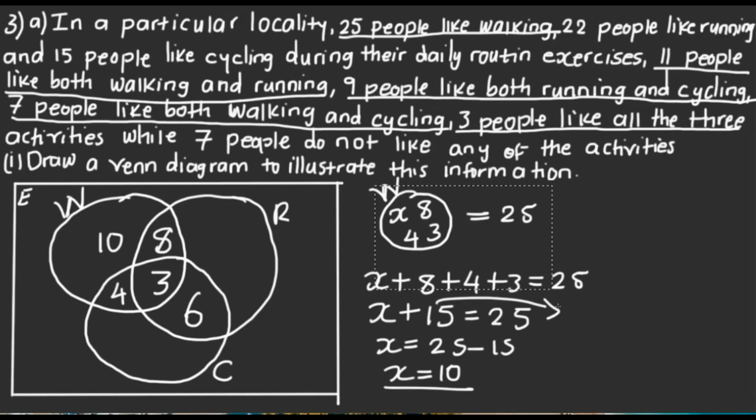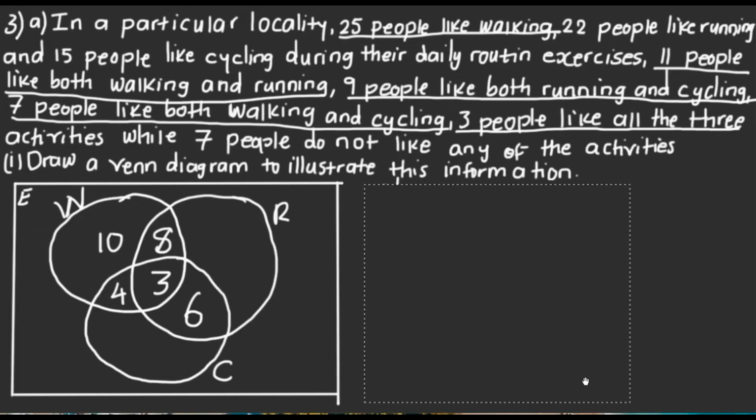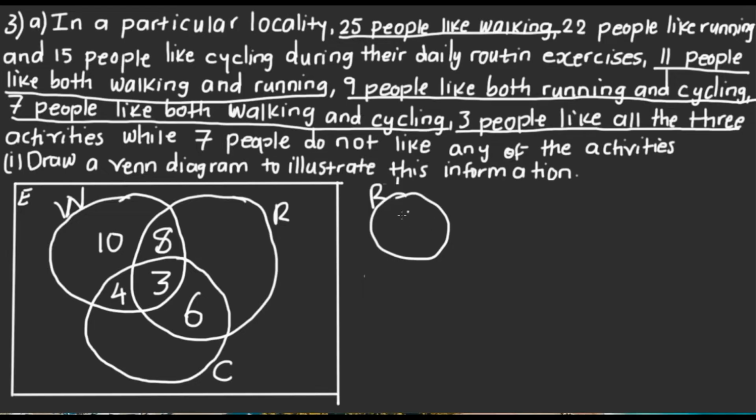So we are going to do the same for us to find the number of people that did the running only. So I'm going to come up with the same equation. So this is for running. So I'll put x for those that did running only. 8 is part of running, 3 is part of running, 6 is part of running. Then we are told 22 people like running, so we equate to 22.